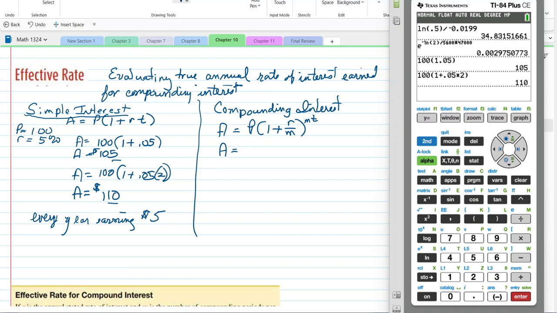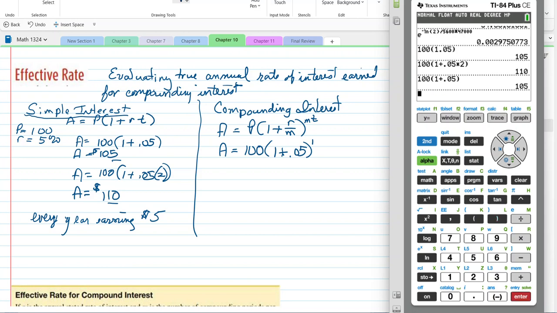So A equals, now we take the same $100, and we're doing year 1. So it's going to be 0.05 for that 1 year. And this one comes out the same because it's just 1 year and it's done annually. You get more interest the more partitions of interest earned for the year. And I get the same.